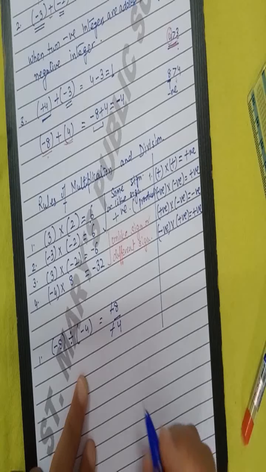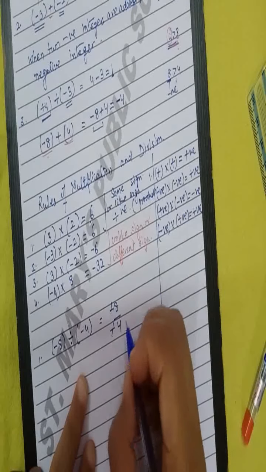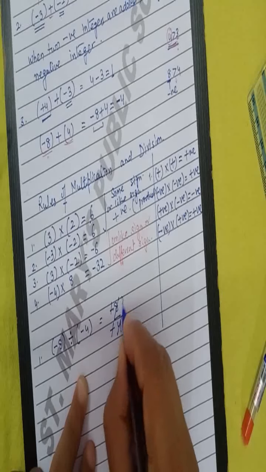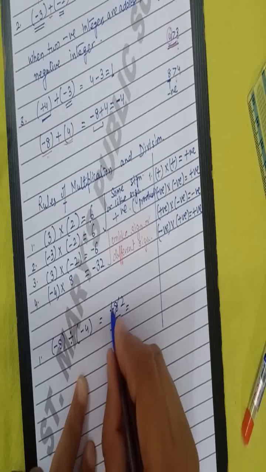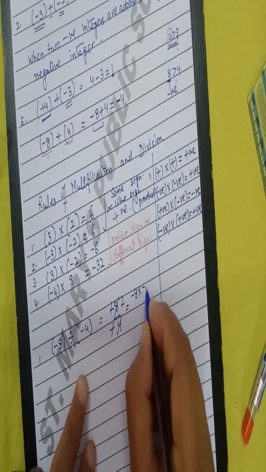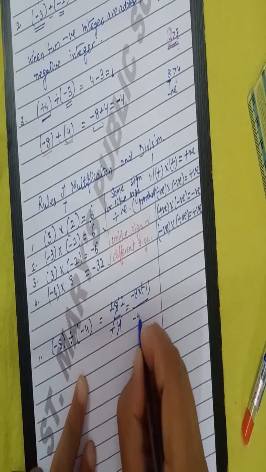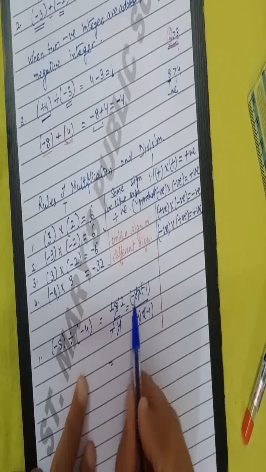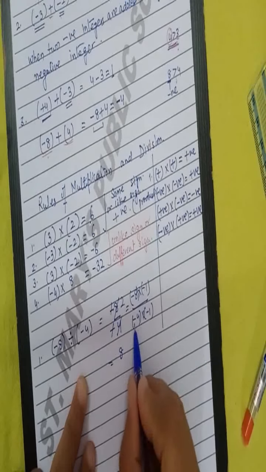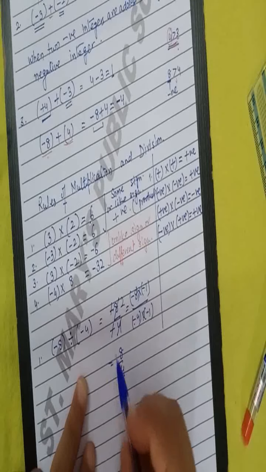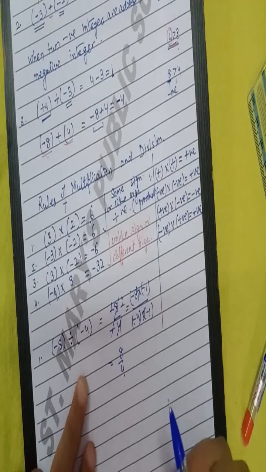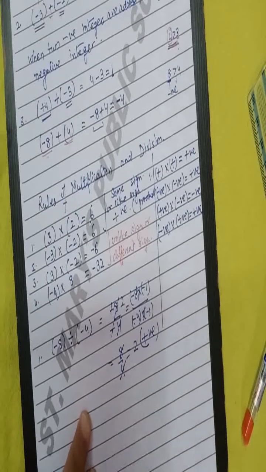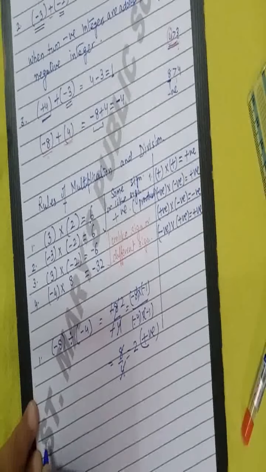You can directly cancel, or remove the minus signs, because negative into negative is positive. So the negative signs cancel and we get the answer, which is positive.